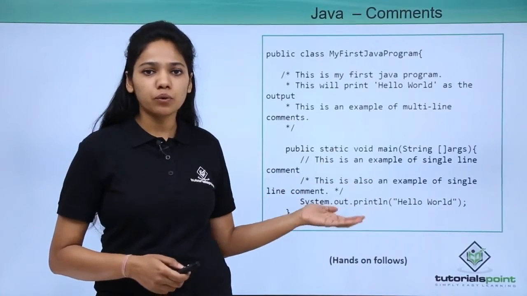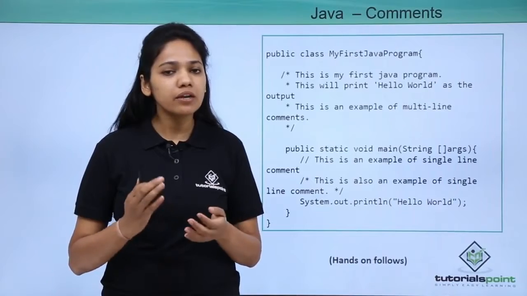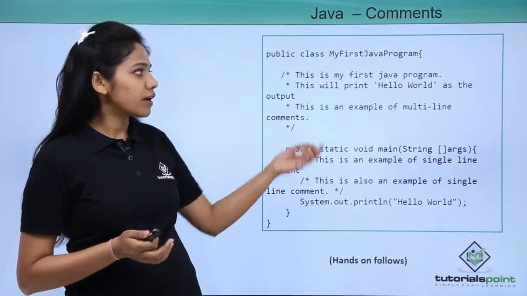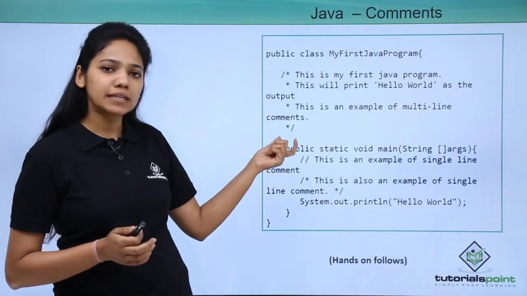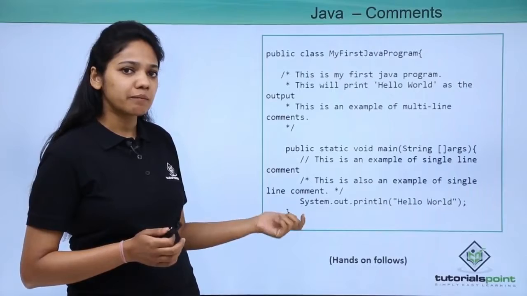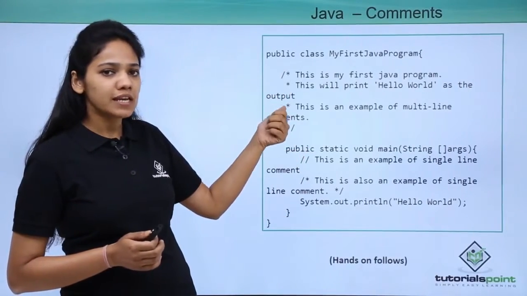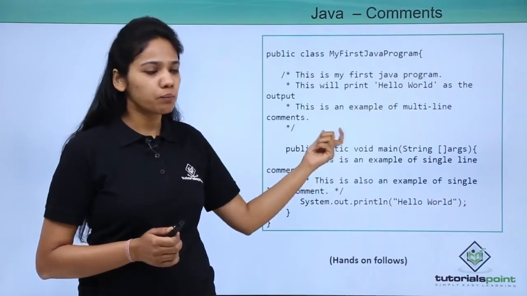We have here a program which explains how you can provide a comment and how a compiler ignores the comment. In this program, we have created a class where we have provided certain multi-line comments and a single line comment. As discussed, how do you write a multi-line comment? You provide a forward slash followed by an asterisk and then the comment that you would want to provide.